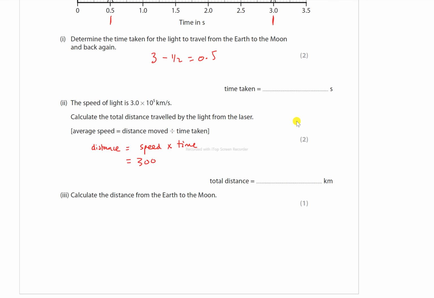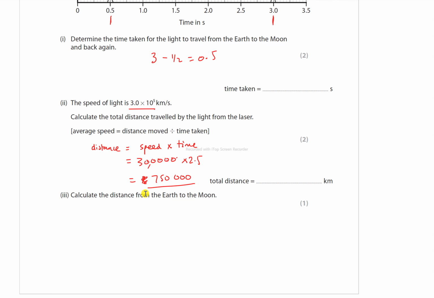Speed is 3 and 5 zeros, 300,000, times time, which is 2.5, and you should get 750,000 kilometers.